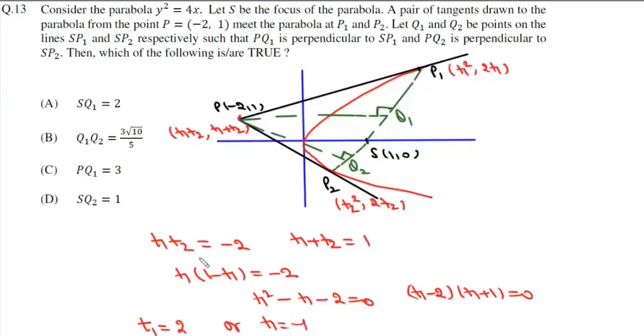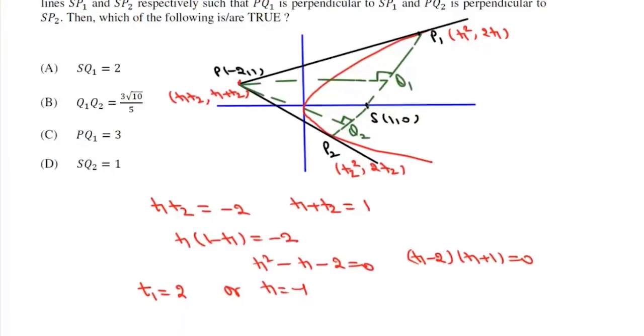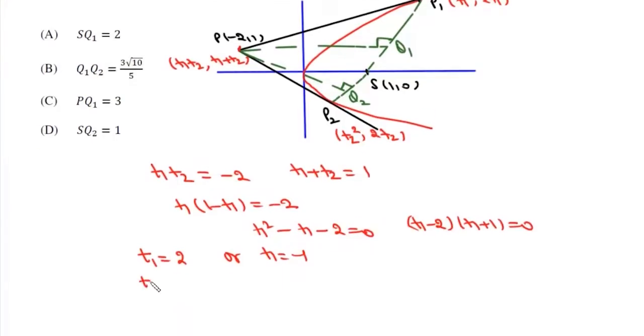Now, if we take t1 as 2, t2 will be minus 1. And if we take t1 as minus 1, we'll get t2 as 2. So, we'll get two cases where either t1 is 2 and t2 is minus 1, or t1 is minus 1 and t2 is 2.